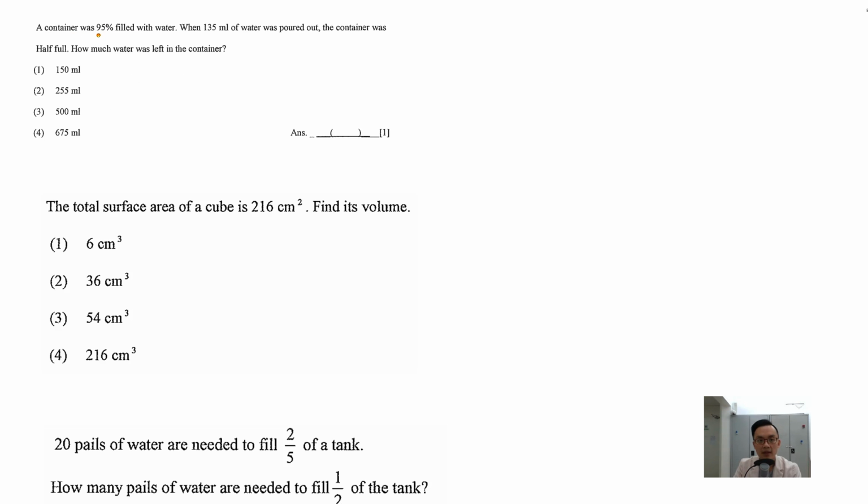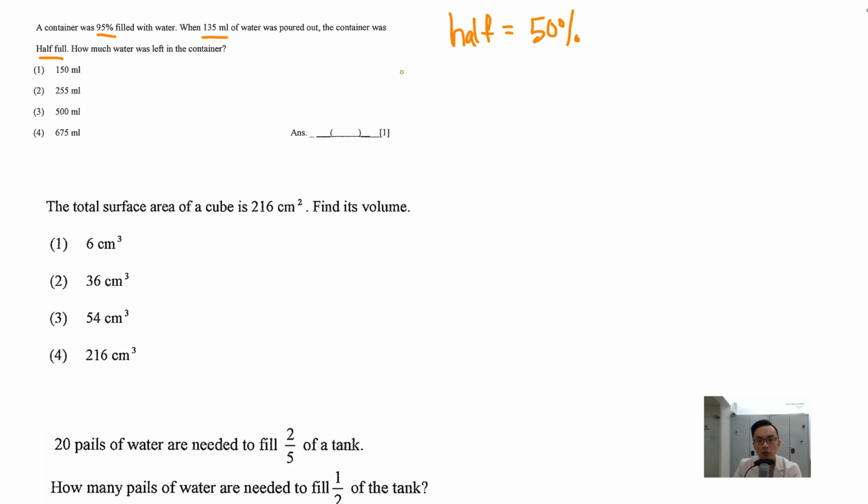A container was 95% filled with water. When 135 ml of water was poured out, the container was half full. How much water was left in the container? Okay, so first thing, half full equals 50%.